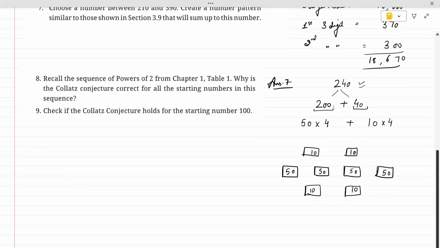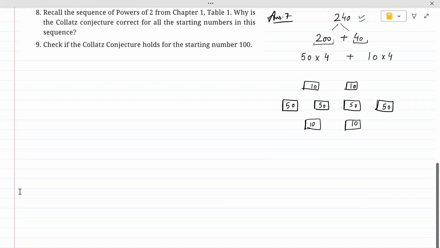Now coming to question number 8. Recall the sequence of powers of 2 from chapter 1, table 1. So what is the sequence of powers of 2, kids?